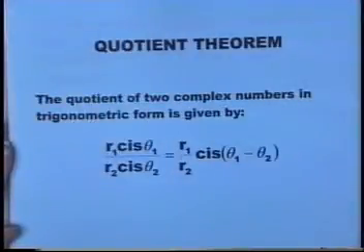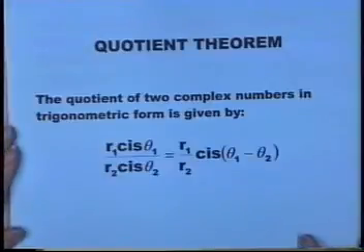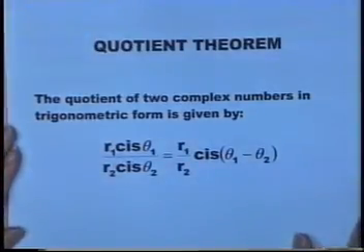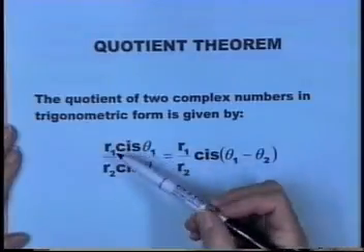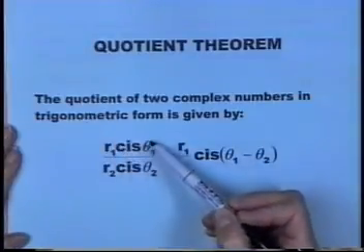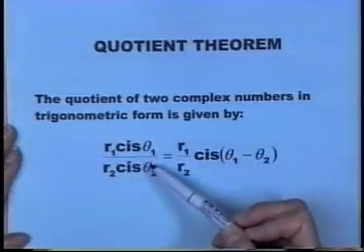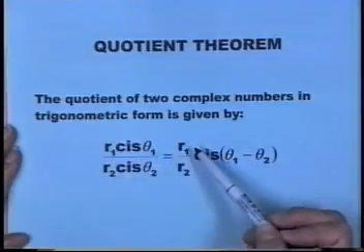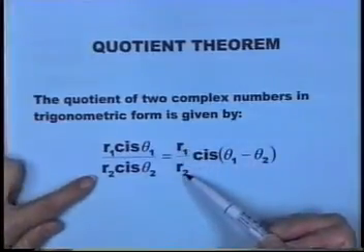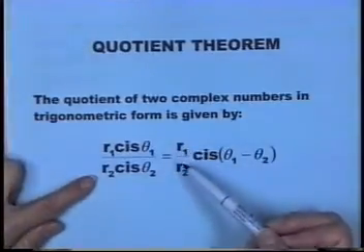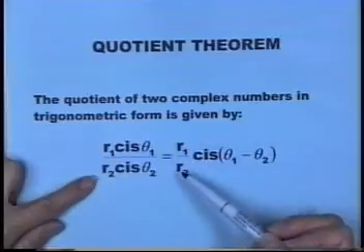So this gives us our quotient theorem. The quotient of two complex numbers in trigonometric form is given by r1 cis theta 1 divided by r2 cis theta 2 equals. Notice here you have your r1 divided by r2. Sometimes that will be a fraction, sometimes it will divide evenly.